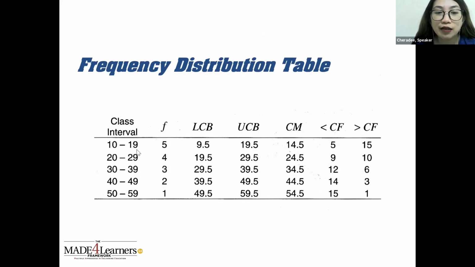Here, the lower class boundary is in between 19 and 20. So, sa 19 and 20, that's 19.5. Sa 29 and 30 kay 29.5 ang tunga. So, gitawag na nila og true class limits.